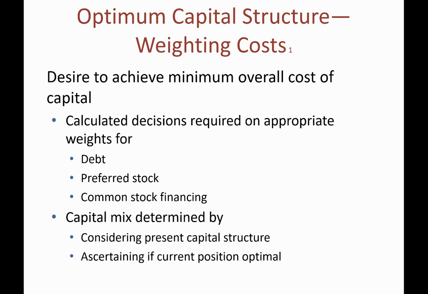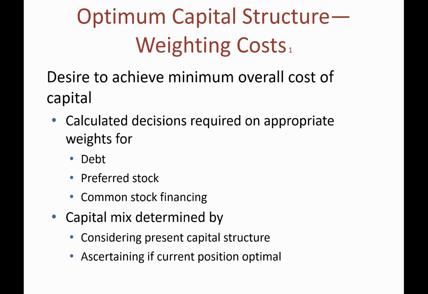So the question we try to ask ourselves as we cover this is: is there an optimum capital structure? Can we minimize that cost of capital so that we have a lower cost of capital?